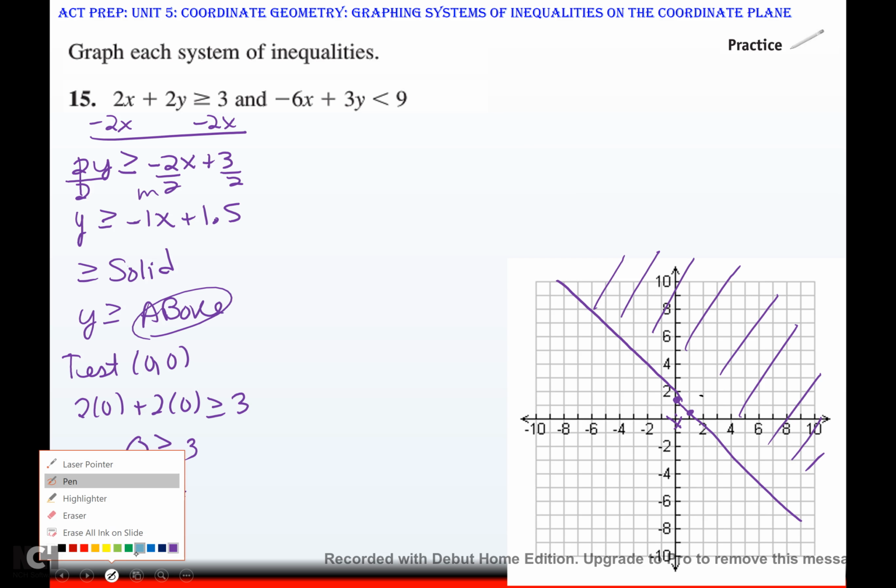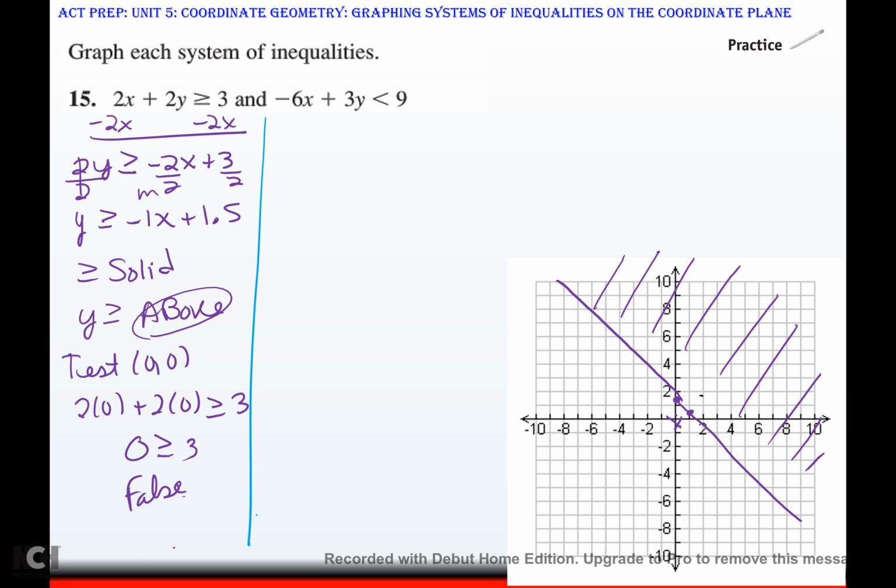Okay, so if we graph the other one, get y alone, I'm going to add 6x. Add 6x, I get 3y is less than 6x plus 9. Divide by 3, by 3, by 3. I get y is less than 2x plus 3.